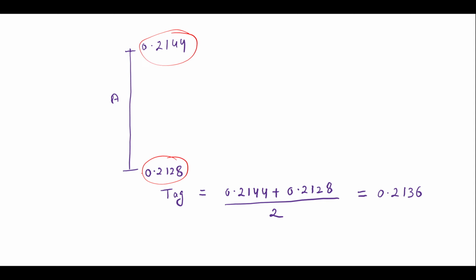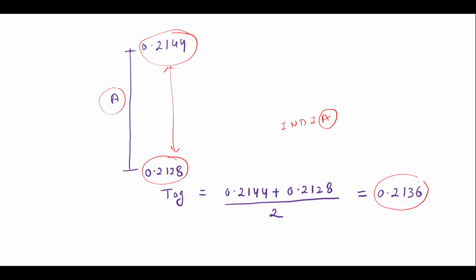We know the tag is decided by the last letter. The last letter is A, and from this range we get the tag value. The tag is the average of these two. Exactly, you get the same data, 0.236.